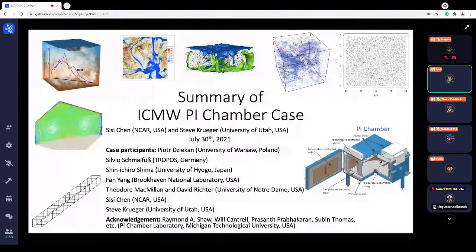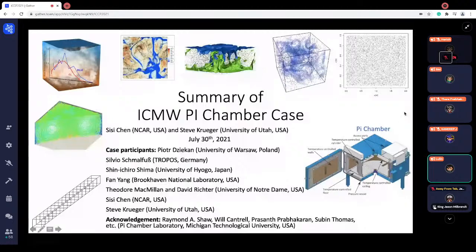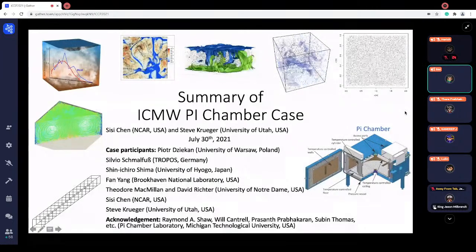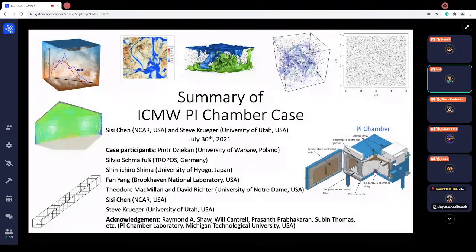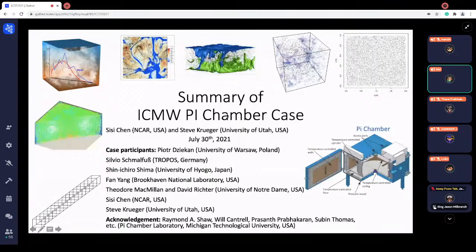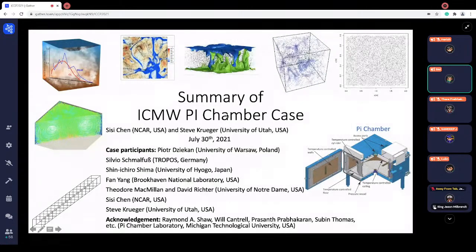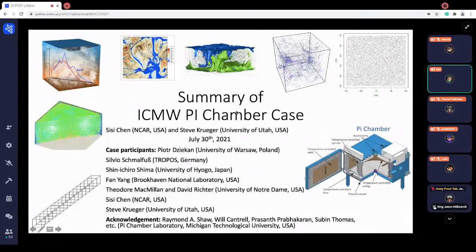Okay, can you see my full screen? Yes, we can hear you and can see the screen. Okay, thanks. First I want to thank everyone who attended Monday's discussion. This was my first cloud modeling workshop, and it was a pleasant experience, though I really would prefer to have an in-person one in Pune.